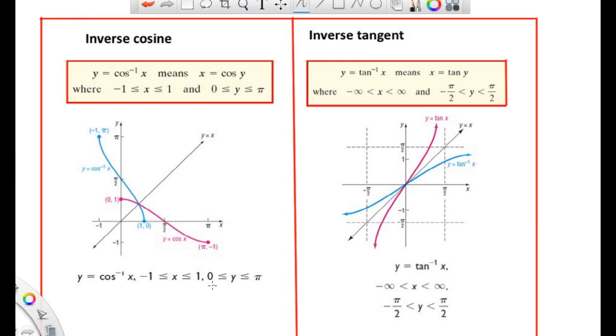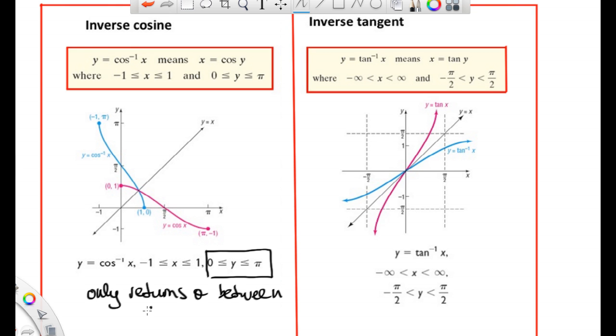Okay, so the inverse cosine only returns rotations between 0 and pi.